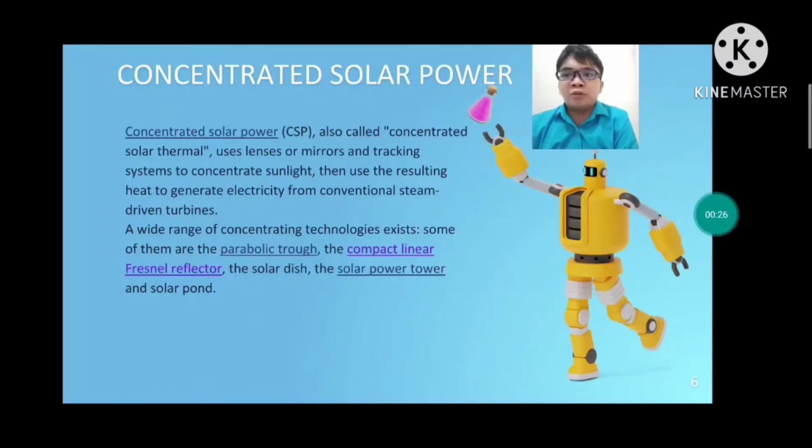There is a wide range of concentrating technologies that exist in this age of time. Some of them are the parabolic trough, the compact linear Fresnel reflector, the solar dish, the solar power tower, and the solar pond. In the succeeding slides, I will discuss briefly each of its operation.